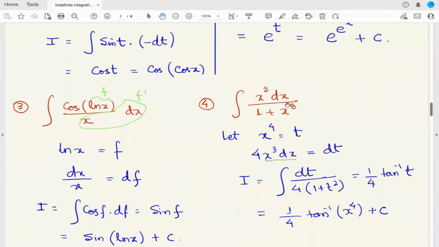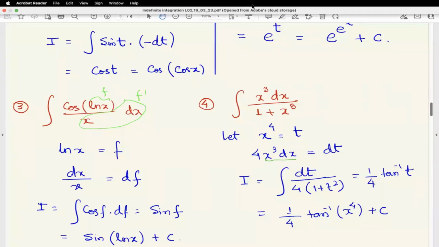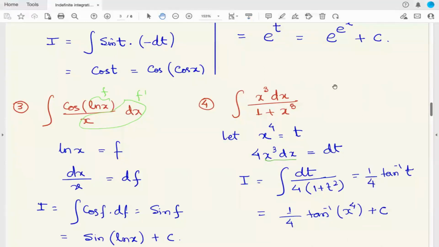So what we do, we can write this x to the power 8 as x to the power 4 whole square. It's the basic rule of exponent, like a to the power m to the whole power n, you can write it as a to the power mn, right? So we use this similarly for this x.